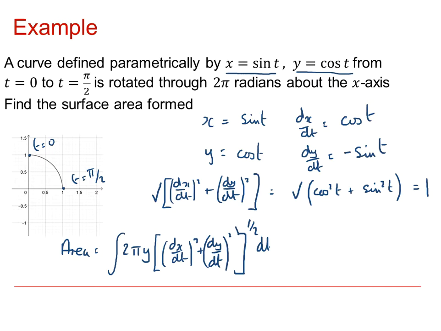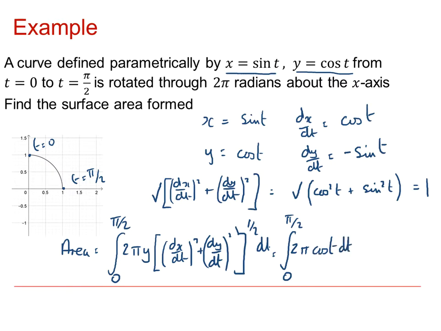So we get 2 pi multiplied by the integral of cos t, and that of course is then integrated between 0 and pi by 2. So this is equal to the integral from 0 to pi by 2 of 2 pi cosine t dt.